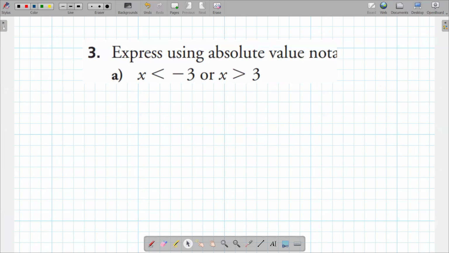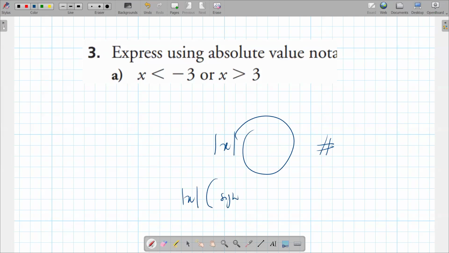They want it in this form: an absolute value and then some inequality or a sign and then some number. So you have your x here, you have some sign, it's usually inequality, and then you have a number here.